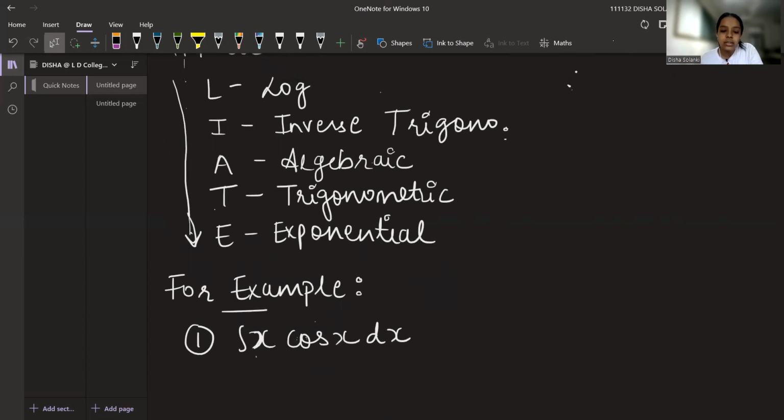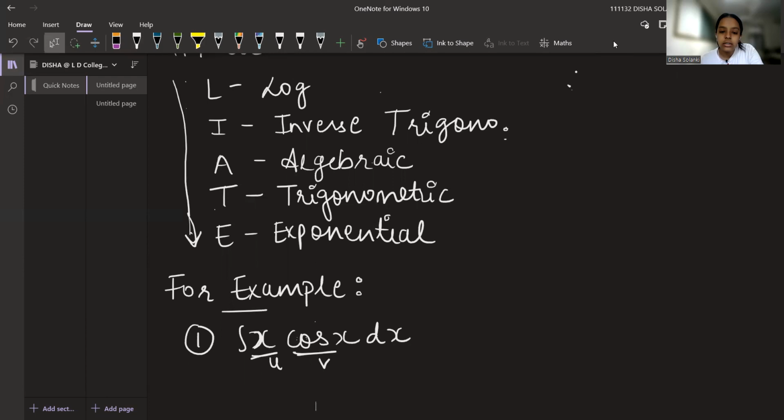So x and cos x: x is algebraic, right? And cos x is trigonometric. In LIATE, first is A, so we have to choose algebraic, that is x. So here x is our u and cos x is our v.